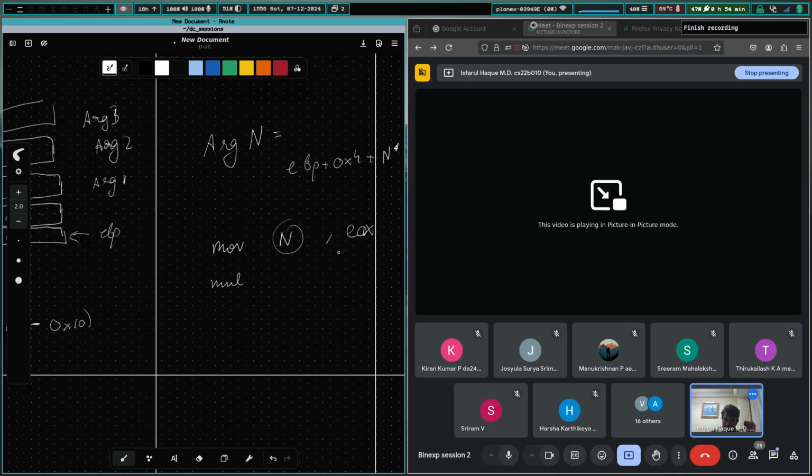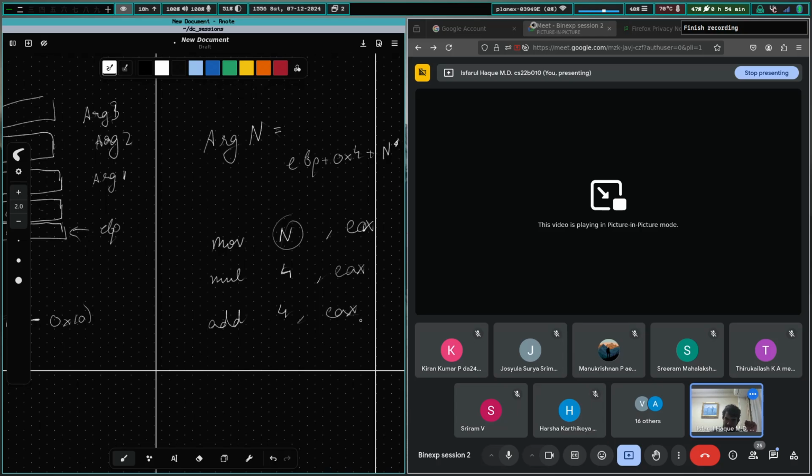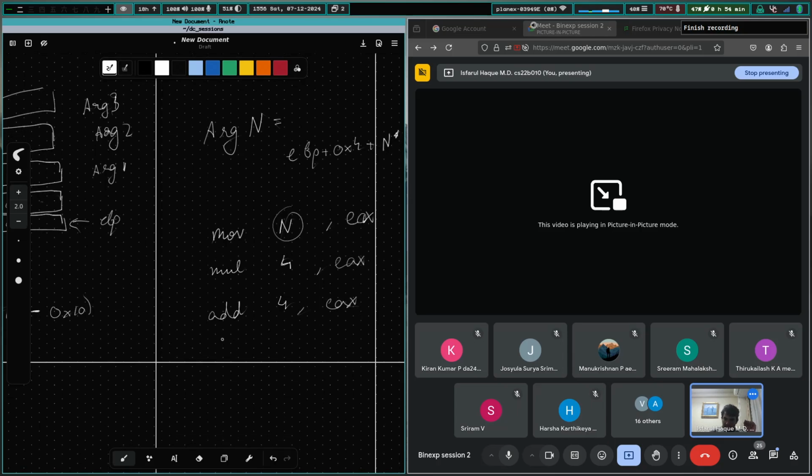Mul 4 EAX, add 4 EAX, and then if you don't know the value of n, you refer to it.